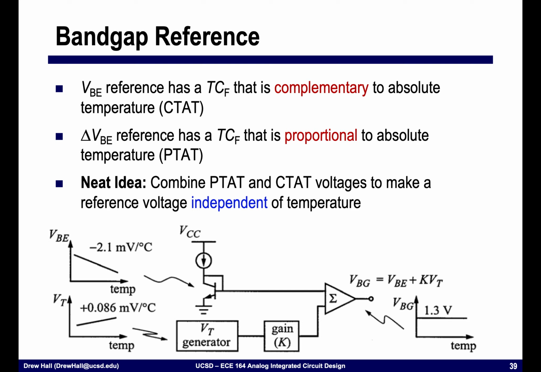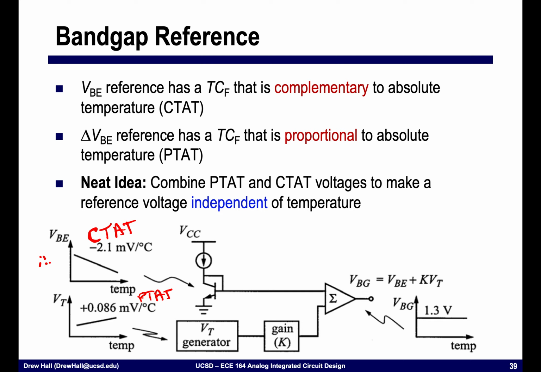And so what I'm showing you down here on the bottom is an example where we can take a CTAT. So this is our CTAT. And we can take a PTAT. And we can apply some gain factor in order to get these two slopes to be correct.